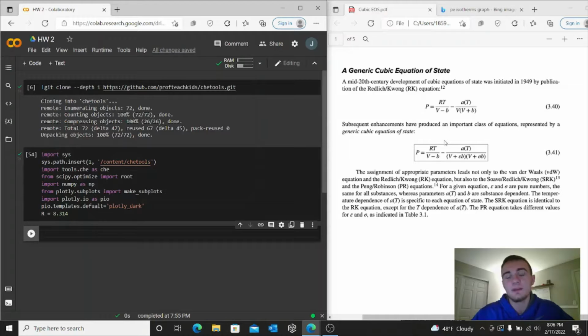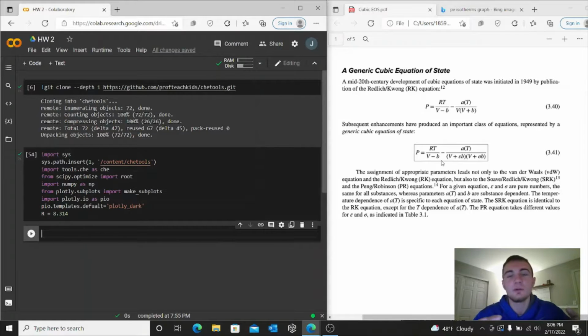Essentially, what the van der Waals equation is telling us is that in order to calculate pressure for a gas that's in a non-ideal state, we have to take into account this B term here. And this B term takes into account that since the molecules in a non-ideal gas situation see each other, they have volumes themselves.